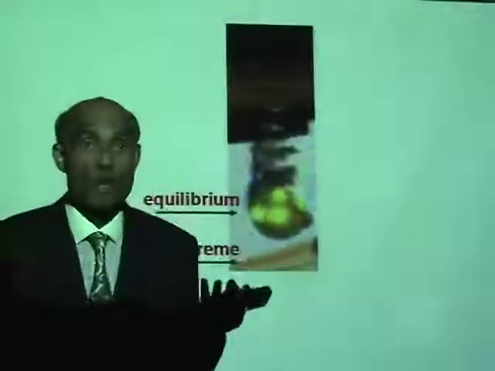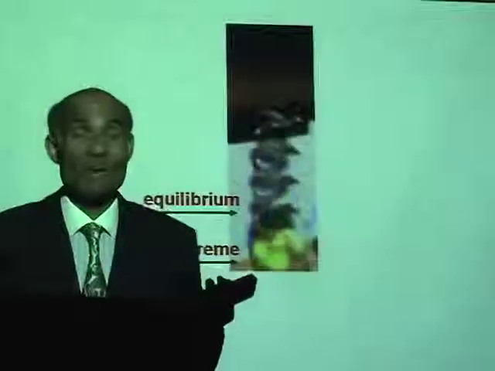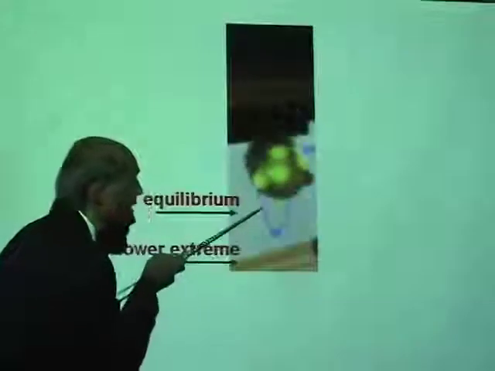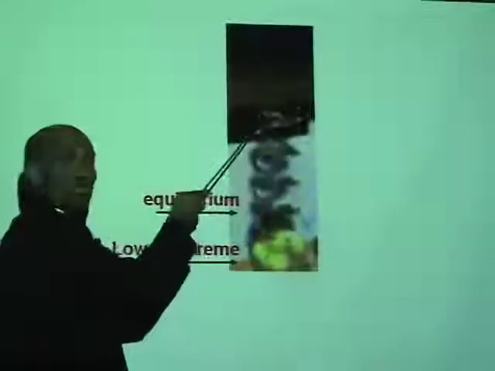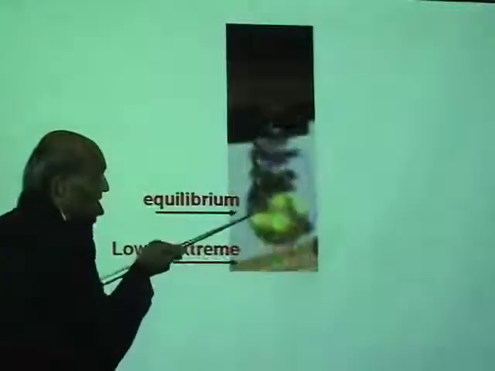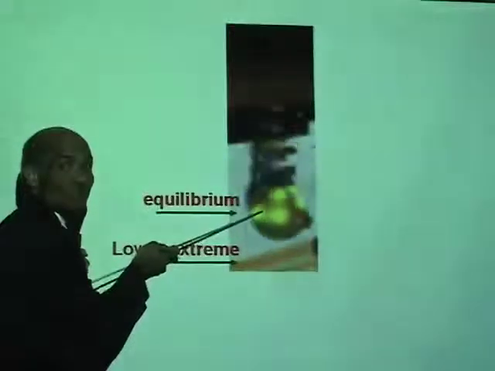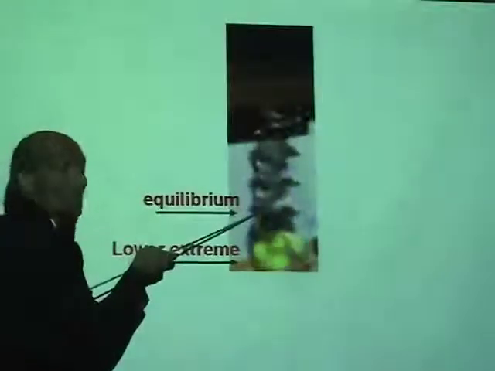Now, when it gets back to the equilibrium position, can the load stop there? No, it cannot. Why not? Because it has now acquired a speed. By rushing back because of the potential energy of the spring, it has acquired a certain velocity at the equilibrium position. Therefore, it cannot stop there.